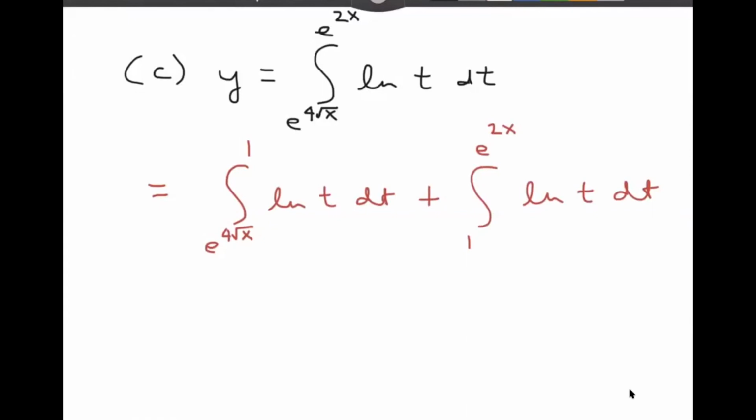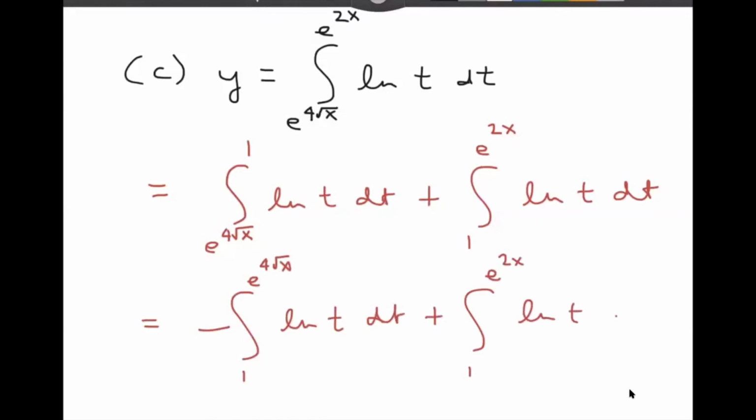All right, and then I'm going to do one more thing. Instead of writing the integral from e to the 4 square root of x to 1, I am going to switch it around, make it 1 to e to the 4 square root of x, and I'm going to put a minus sign. This will make it easier to differentiate. Okay, so let's put that on the back burner for a second.